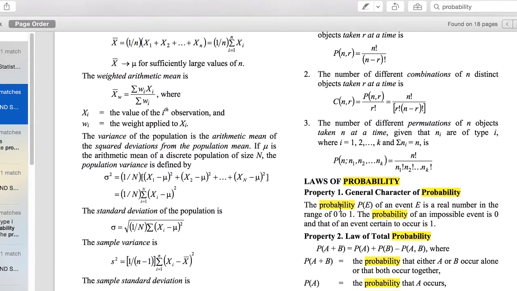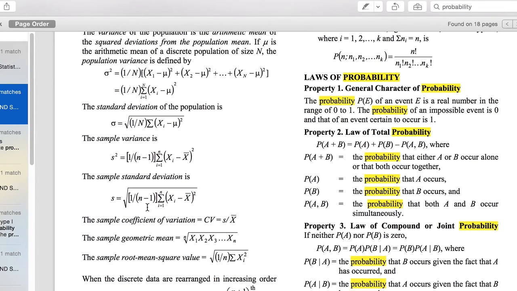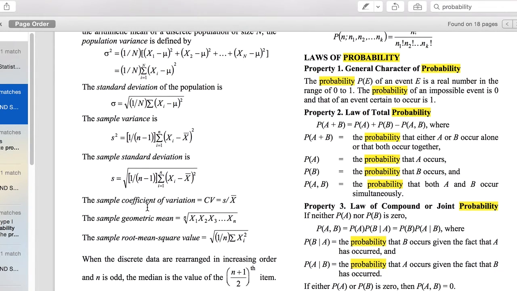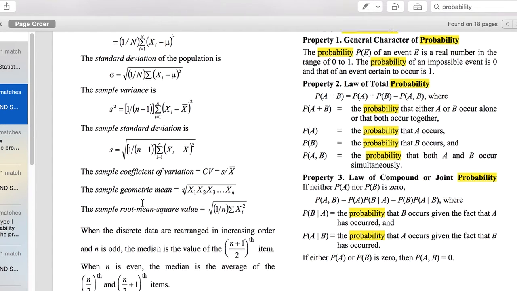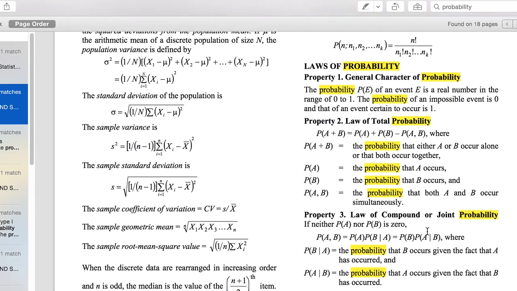All right, moving down on the left hand side, we see standard deviation, sample variance, sample standard deviation. I have problems on all of these, so we're going to be practicing on those.